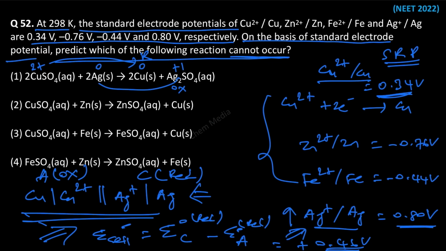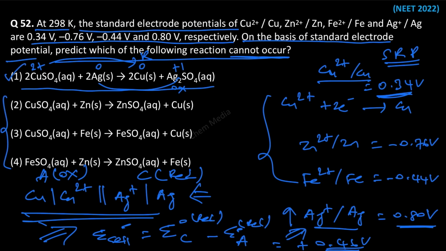The opposite of what is happening in the net reaction is what is given in reaction 1. If somebody wants this reaction to occur, then we have to work against the intrinsic standard reduction potentials. That means we have to apply external voltage, isn't it? Because this is not in the direction of the spontaneous change. So this reaction cannot occur, which means option 1 is correct.